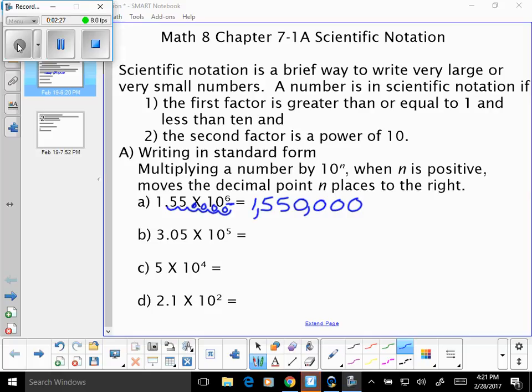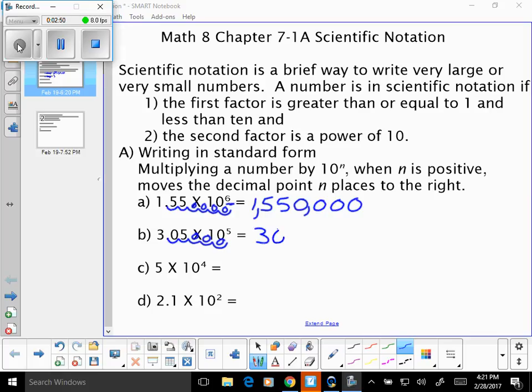Let's look at B. In B, my exponent on 10 is a positive 5. I am going to move the decimal point 5 places to my right. 1, 2, 3, 4, 5. I have 3 places that have no digits above them, so that's going to be zeros.